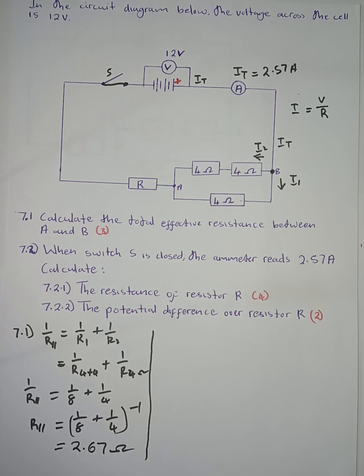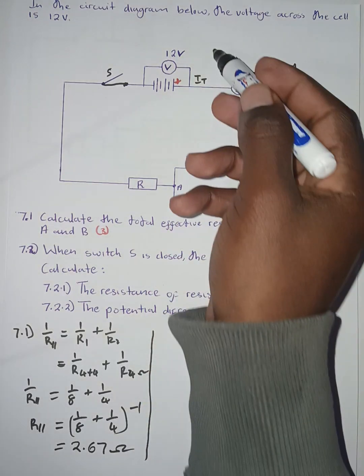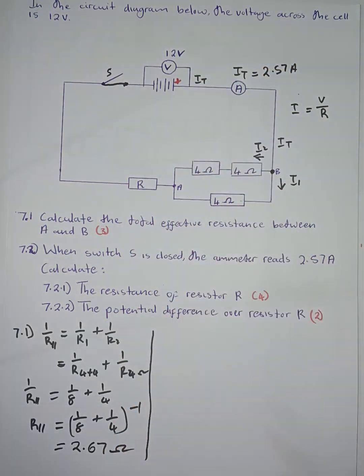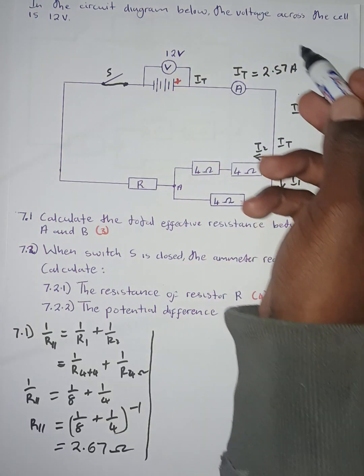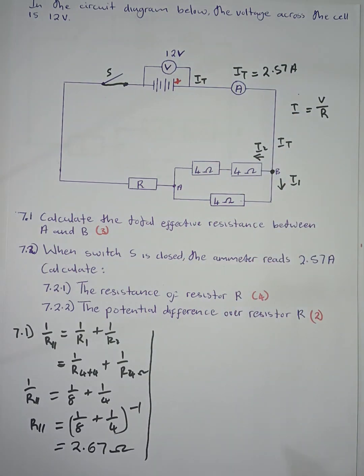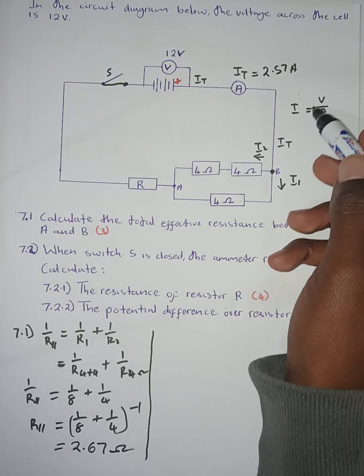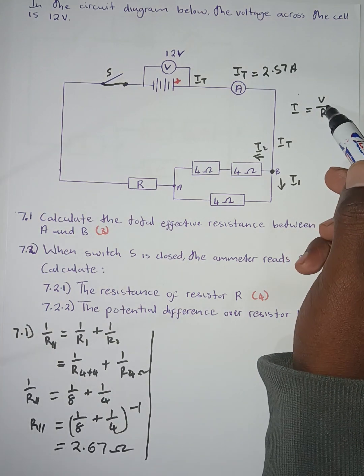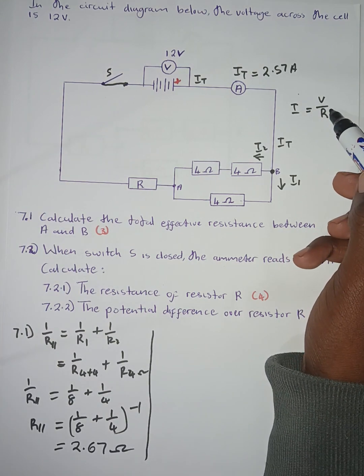So the first way we can do that, we can note that they gave us the total voltage, but what do we also have? We have the total current. So in this case, we can use Ohm's law to calculate our total resistance.